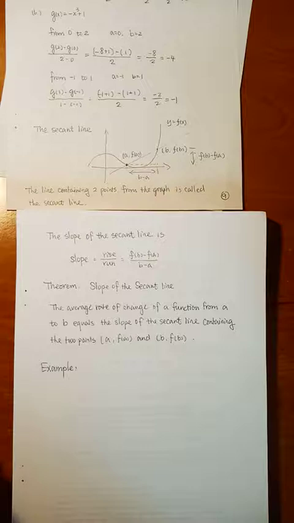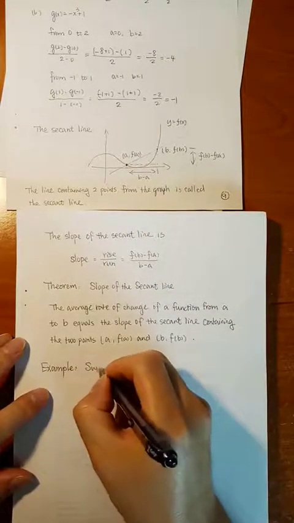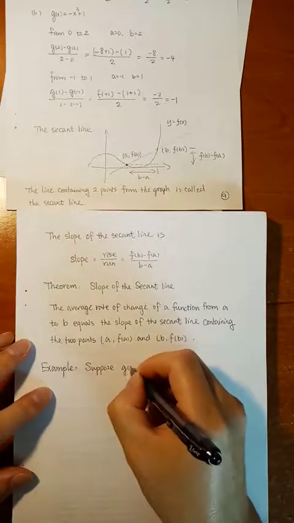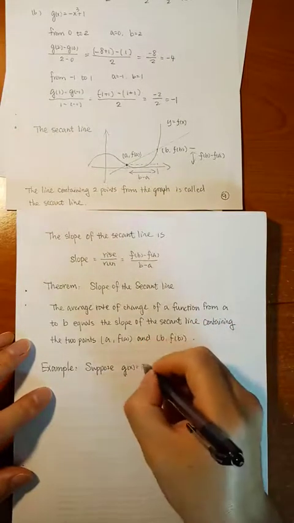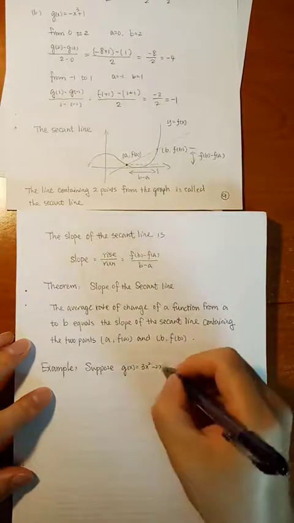Okay, so let's check. Suppose g of x is equal to 3x squared minus 2x plus 3.